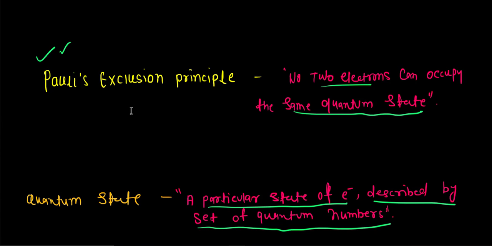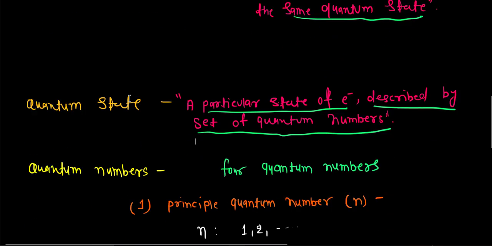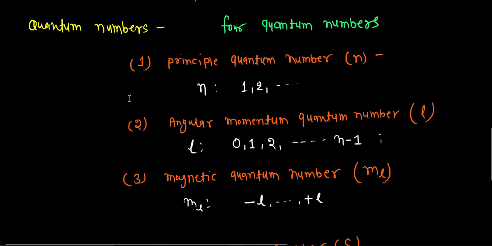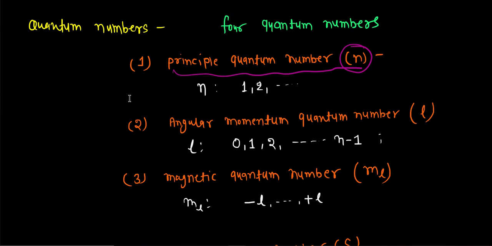Okay, but what are the quantum numbers? There are 4 quantum numbers, which I have written down here for you just to save time. The first quantum number, which we call the principal quantum number, is denoted by n, and it also describes the main energy level of an electron.